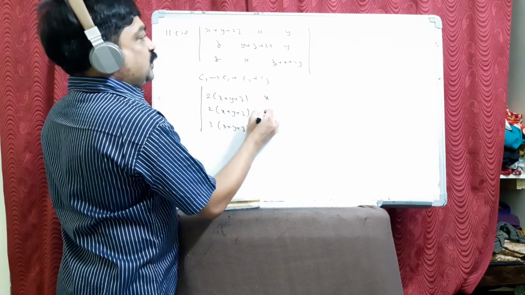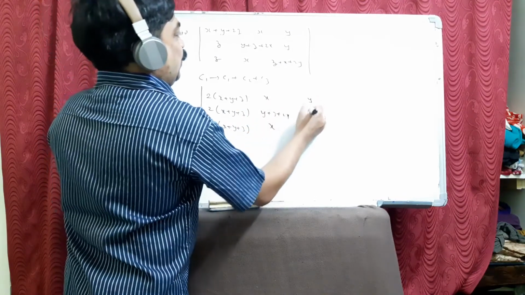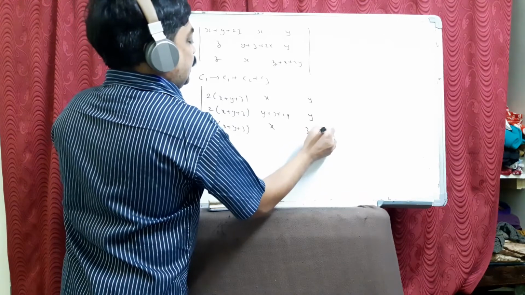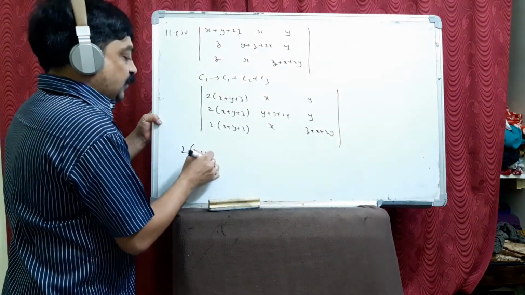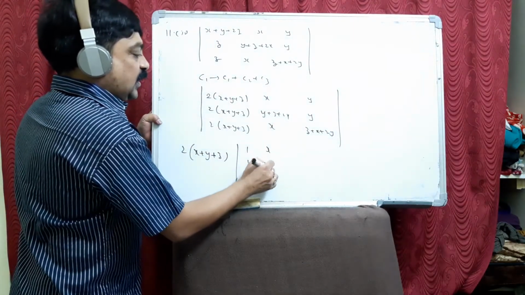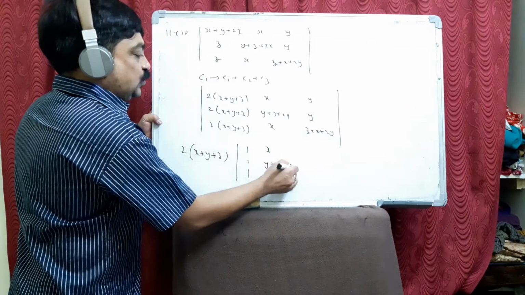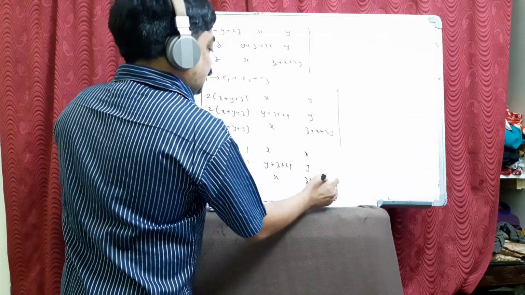And the rest of the columns remain the same: y plus z plus 2x, x, y, z plus x plus 2y. What can you take common from here? 2 into x plus y plus z from this column. It becomes 1, 1, 1, x, y plus z plus 2x, x, x, y, z plus x plus 2y.